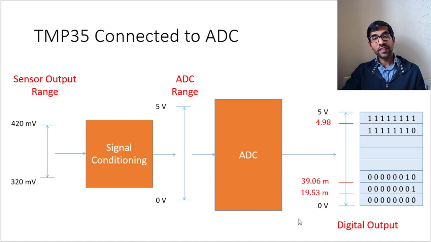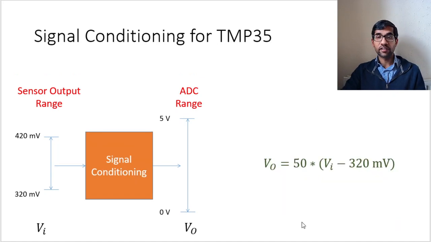So this means that I can specify my signal conditioning circuit, right? I can say this is what I want my signal conditioning circuit to do. If this is my input voltage and my input voltage range is 320 to 420 millivolts, I want my output voltage to be between 0 to 5 volts. And you can write equations to do this conversion.